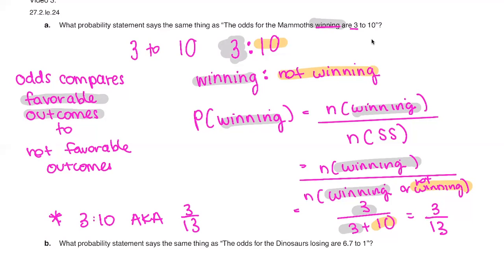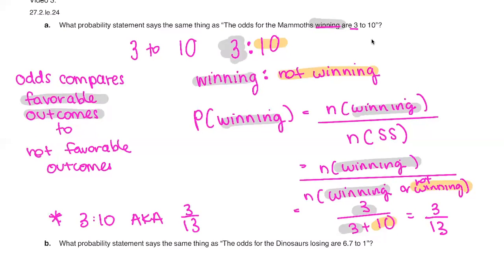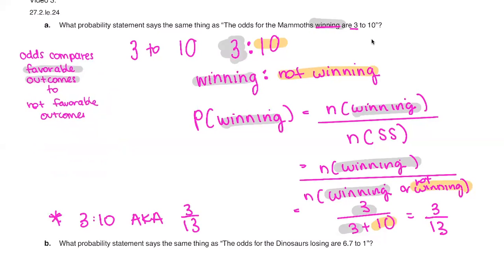We have a statement here on the left-hand side of the screen. Let me shrink it down just ever so slightly so I have a little bit more space. Odds compares favorable outcomes to not favorable outcomes.